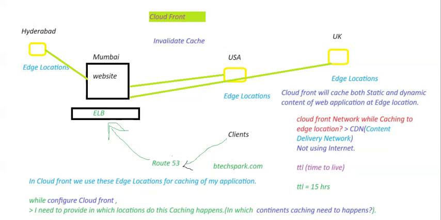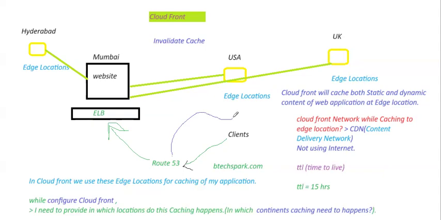Now let's say my client is present in the USA region. Now he requested my website. Where will the request go? The request will go first to Route 53. Let's say my client is present in the USA and he requested my website. Now the request will reach where first? At first it will reach Route 53.